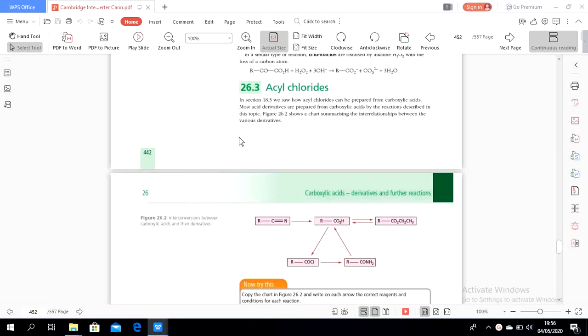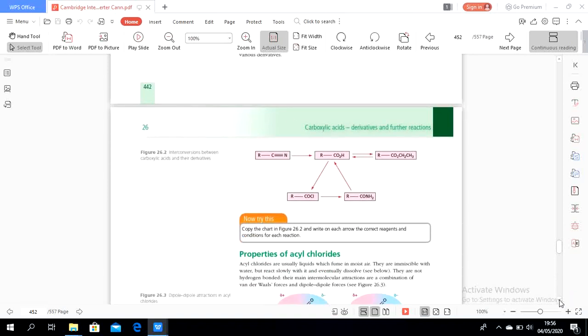Okay, let's see the figure 26.2. This one, acyl chloride can be made from carboxylic acid, which reacts to form acyl chloride. Carboxylic acid comes from the cyanide CN and also from ester.